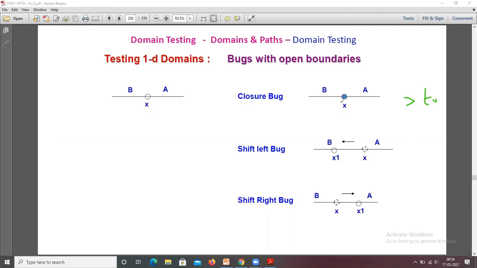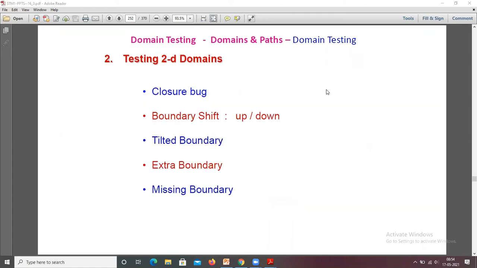And next, testing two-dimensional domains. In this also we have the closure bug, boundary shift up and down.